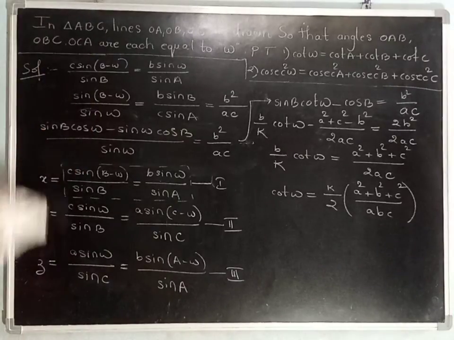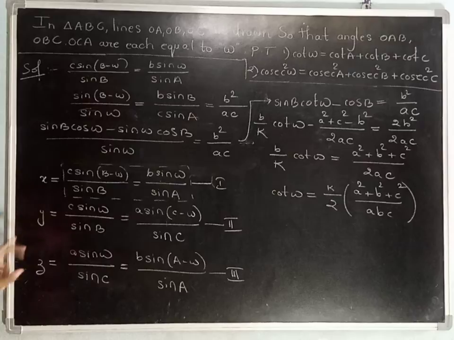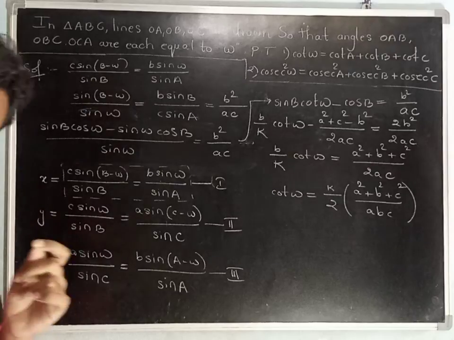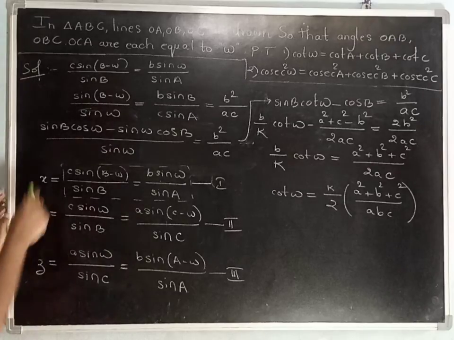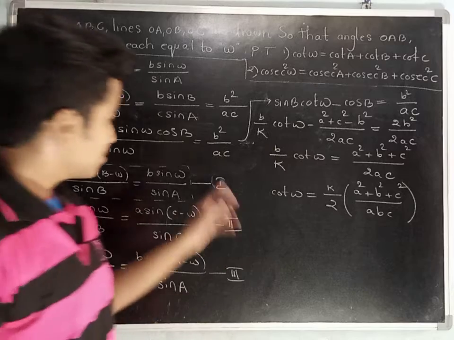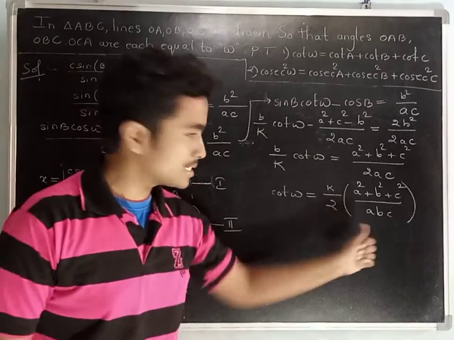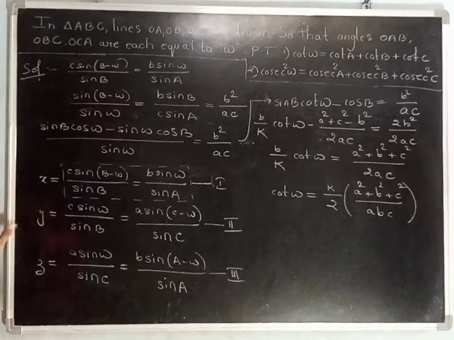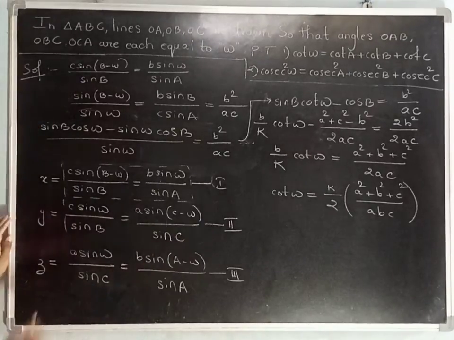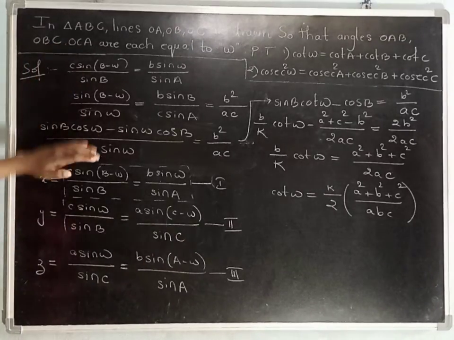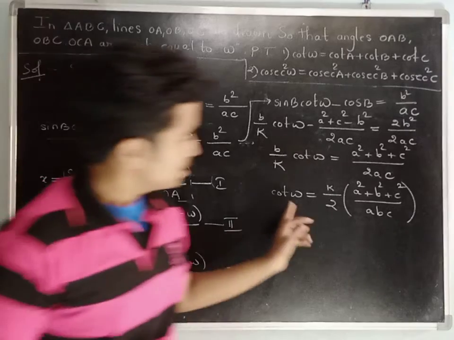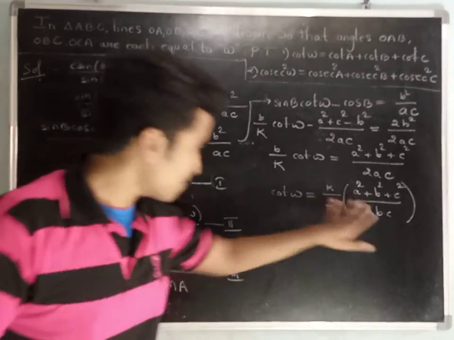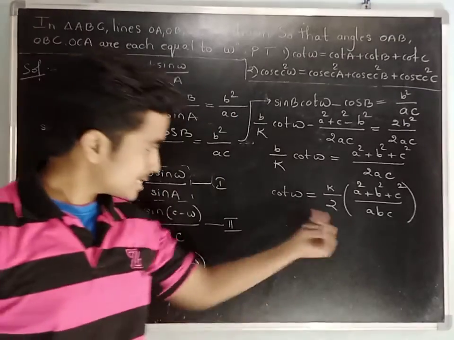Let me erase this part here. I have derived the relation for y and z, but here the only thing that I am going to use is only x. From solving x we got this result. Even if you want to take y also, you can consider this relation and solve similarly with the same method, and you will get the same result here.